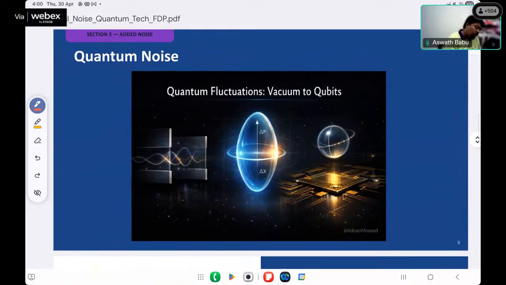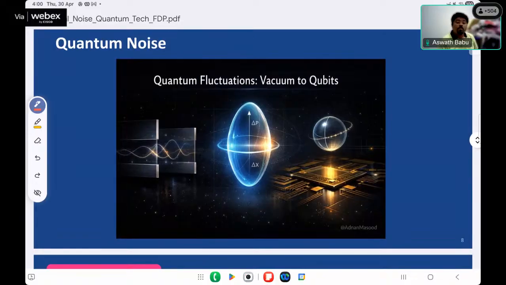Now coming back to quantum noise. What is this quantum noise? Quantum noise means if a quantum system is there, like a particle, an electron, or a photon, located at some point or moving from one point to another, we usually represent any dynamical system by its position and momentum.